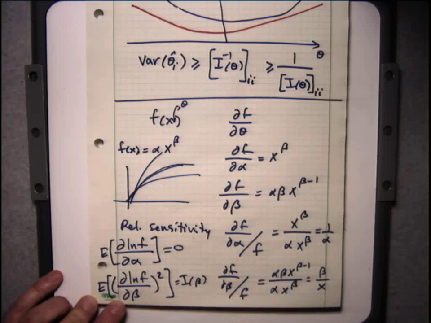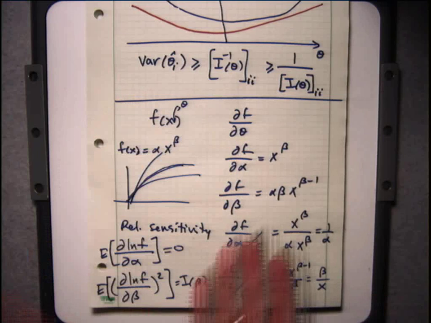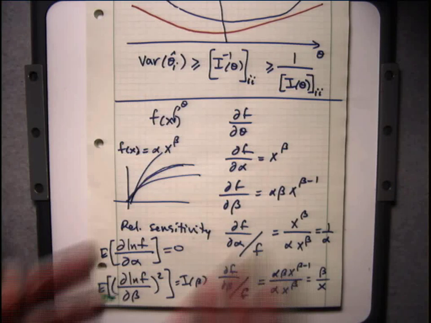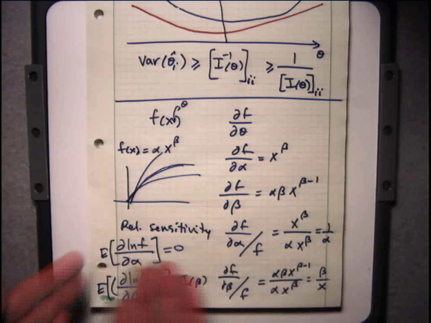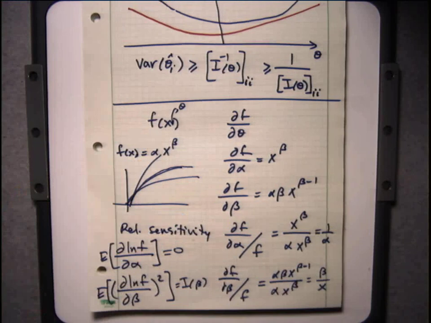So I didn't really involve much statistical arguments here. I just showed you how you measure general sensitivity, and then how that sensitivity, when you measure its moments, you end up getting the Fisher information. So what's the Fisher information? It's simply measuring, in an average sense, the relative sensitivity of the function, which in our case turns out to be the PDF, with respect to changes in the parameter.